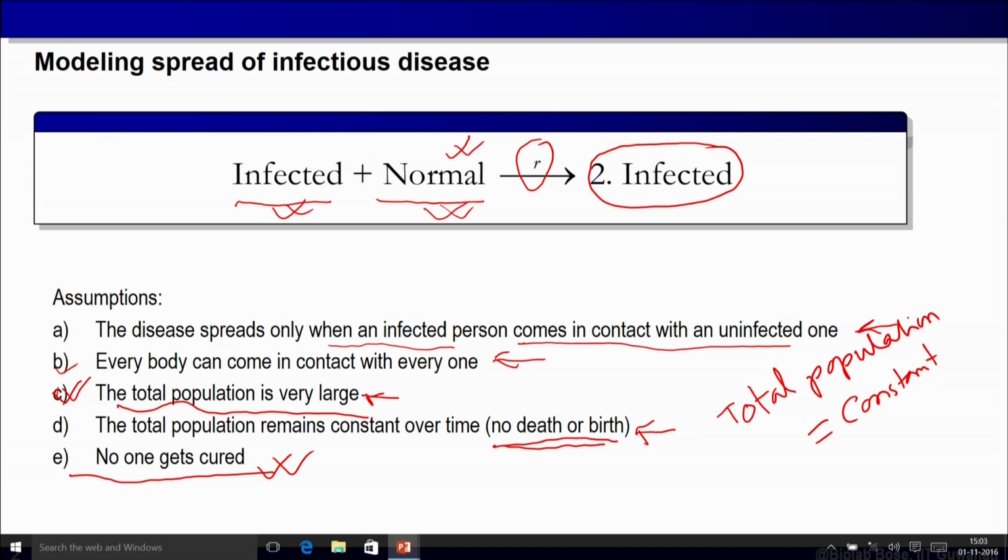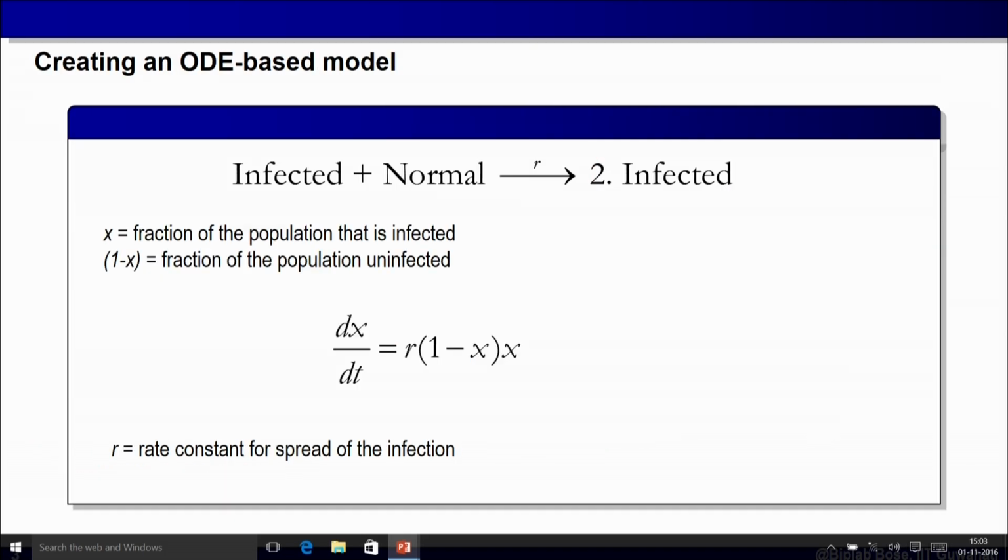So with these 5 assumptions, let us start making the mathematical model of this. Remember, in case of dynamical models, we will use ordinary differential equations to model our process. And if you remember, a differential equation represents the rate of change of something, or the rate of a process.